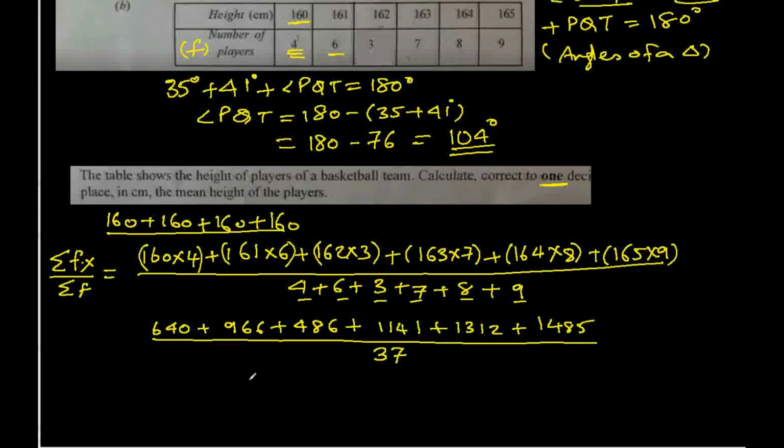And if we divide, first we have to add these, right? So it will be how much? 6030 over 37.